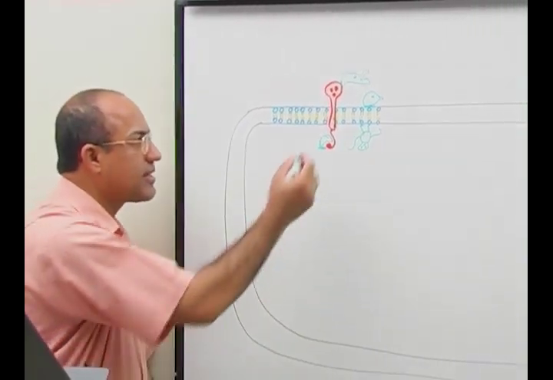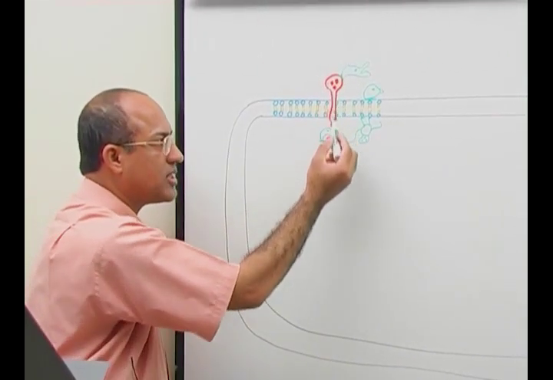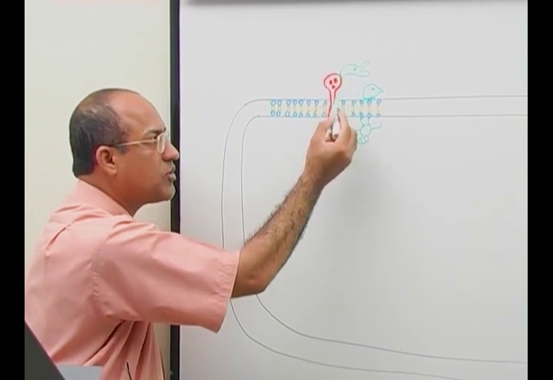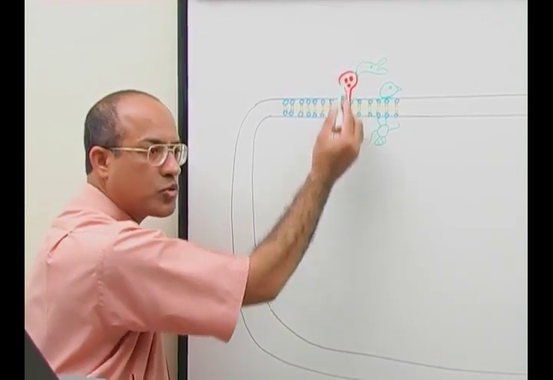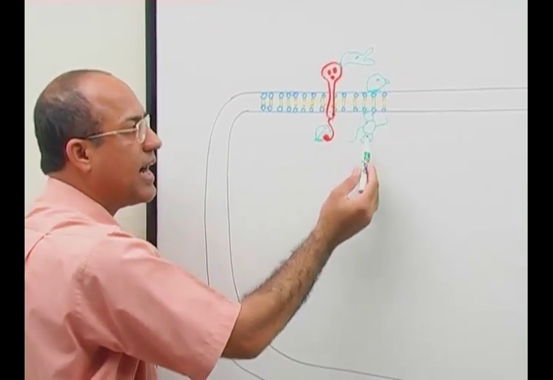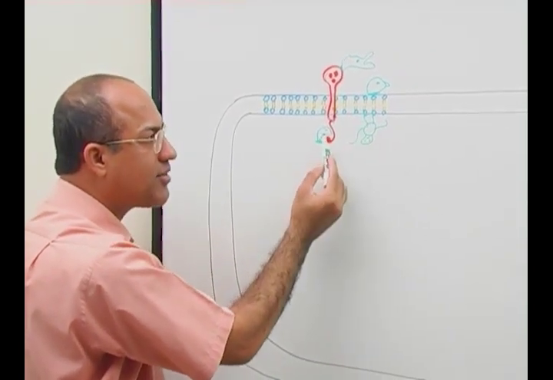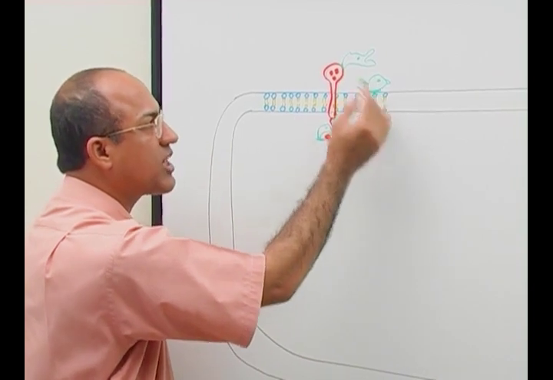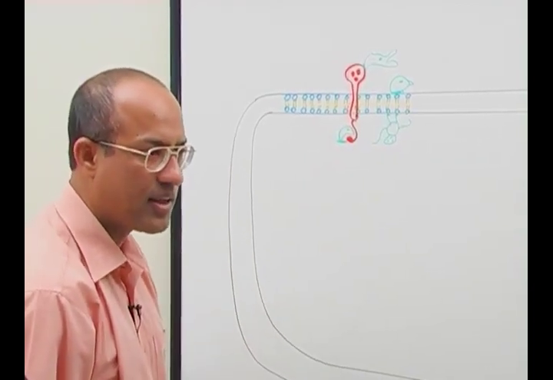Now look, this red protein is a protein which is passing through the membrane, and these green proteins are either present on the internal side of the membrane or attached on the external side of the membrane, right?